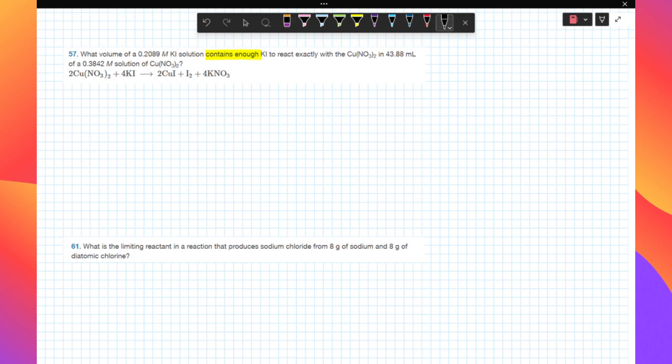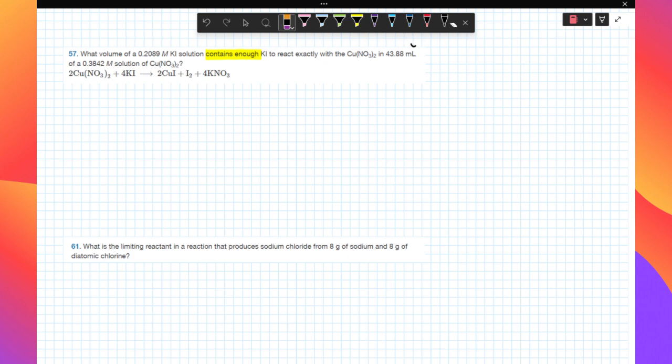Looking at our balanced equation, which they were so nice to provide for us, for every 2 moles of copper nitrate, we need 4 moles of potassium iodide. If you were given 2 identical masses, that would make sense. But we're not given masses, we're given molar solutions. All right. We're given a concentration, a volume, and another concentration.